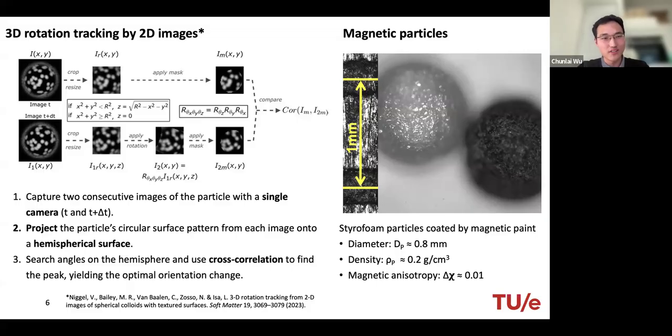After diluting the magnetic paint, I spray it on the particles from two different angles, uniformly and slowly. Then I wait at least 2 hours for the magnetic paint to dry, and then I can get them out. That is how I make the particles.